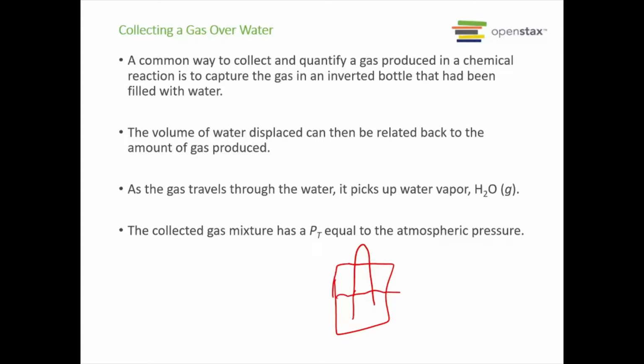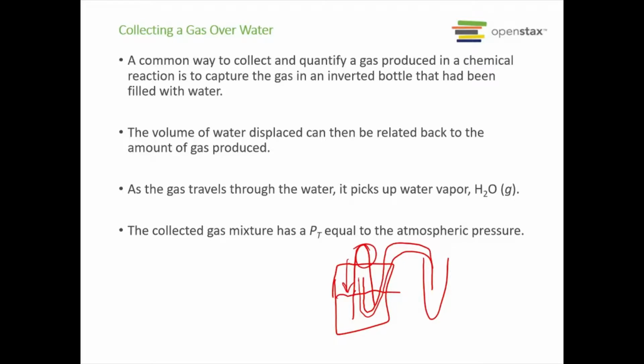And you have whatever your reaction is, some gas that's being made, and you put it in a little tube that bubbles it into the test tube. And what happens then is this gas displaces the water. And then you can look at the amount of water displaced, the volume of it, and you can relate that to the amount of gas made.